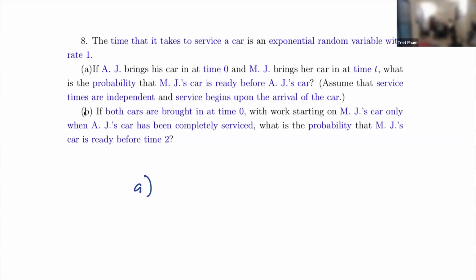So let's say X will represent AJ's time and Y represents MJ's, Michael Jackson, I guess. So they're both independent exponential 1.